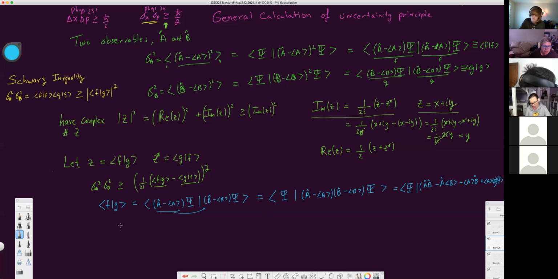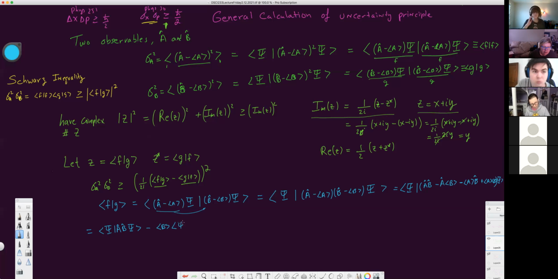Okay. So now I'm going to split this up into a bunch of different expectation values. So this is equal to psi, expectation value of AB. And then, sorry, I forgot about the last part there. And then minus, I'm going to pull out the expectation value of B because it's just a number.